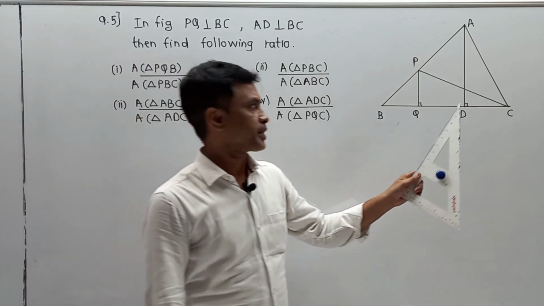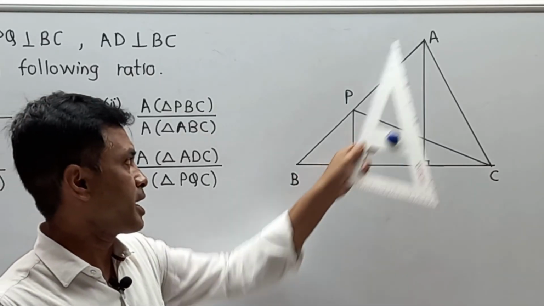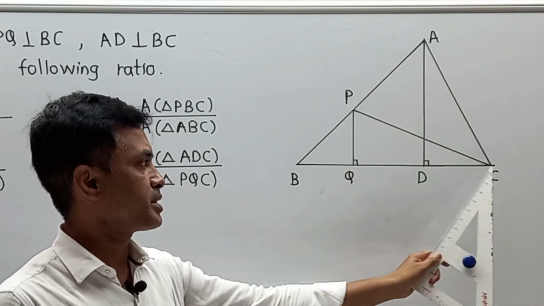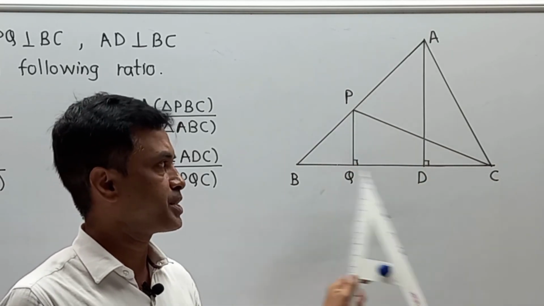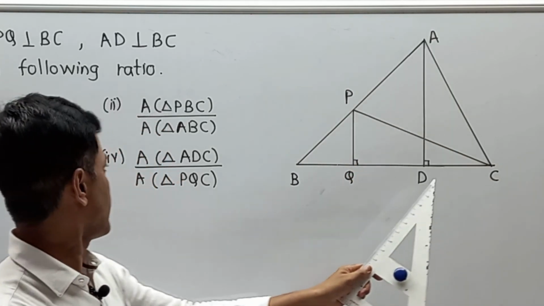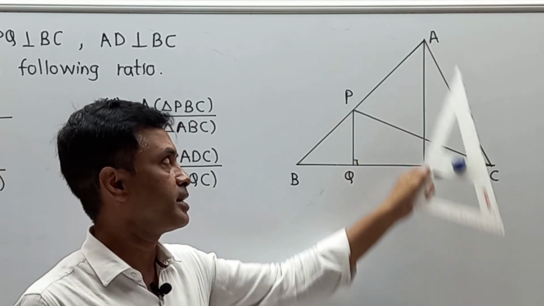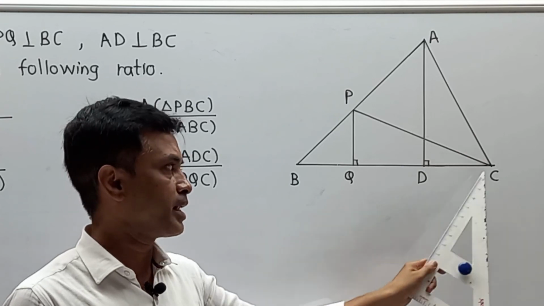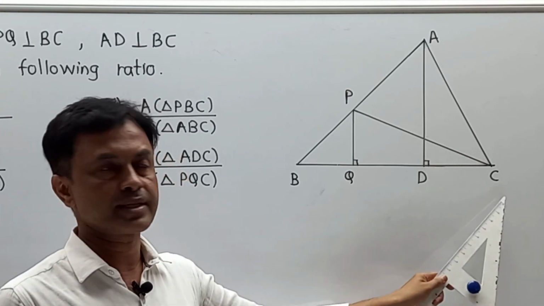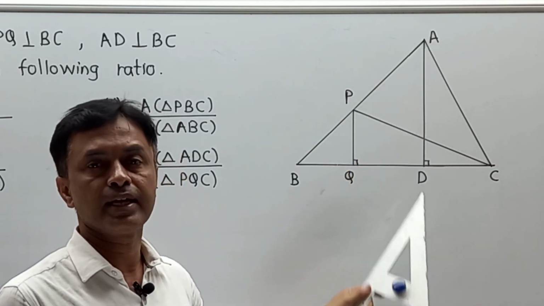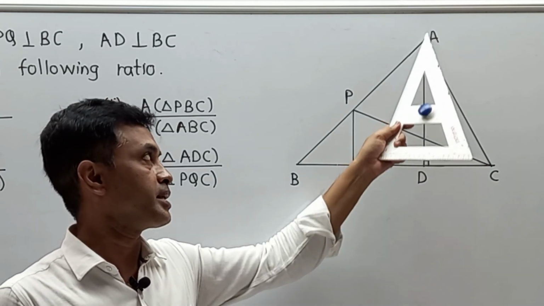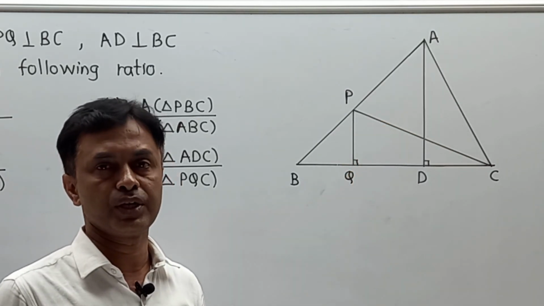From diagram, area of triangle ABC definitely having a base BC and height is AD. And second triangle is area of triangle ADC. Naturally base is DC and height is AD. Now in both the triangles you can see same height AD, which is over here.